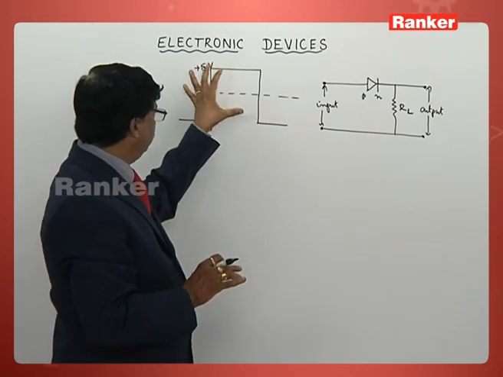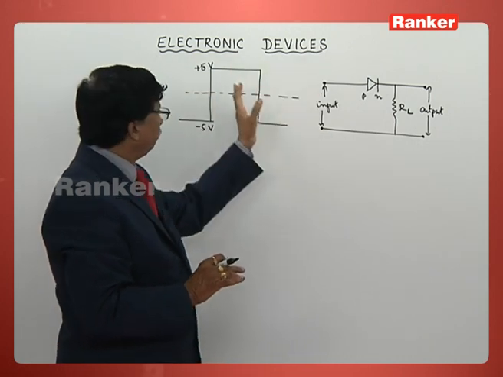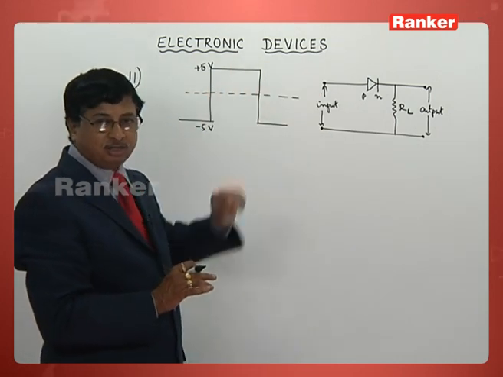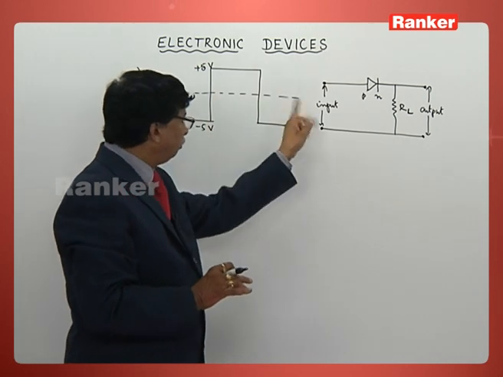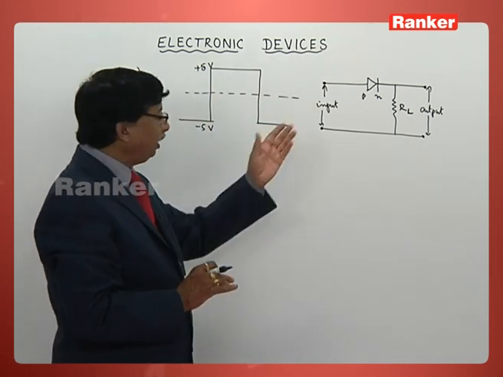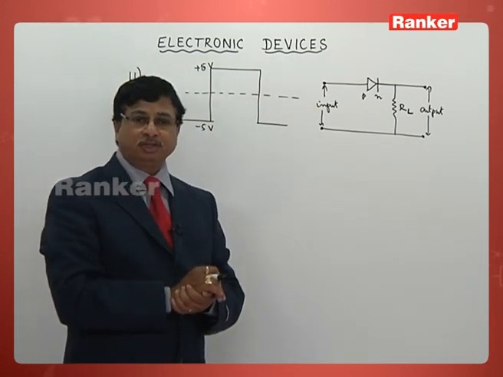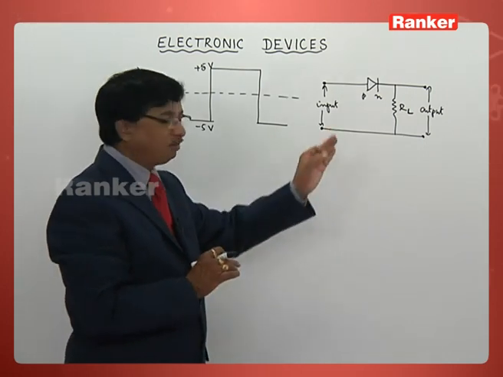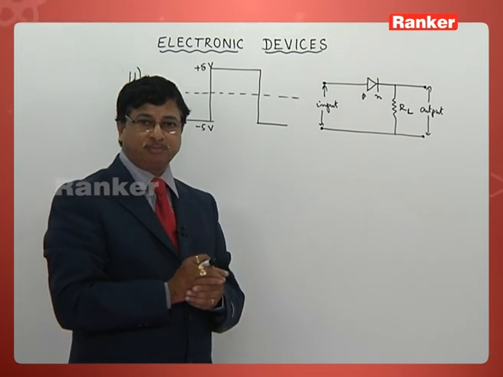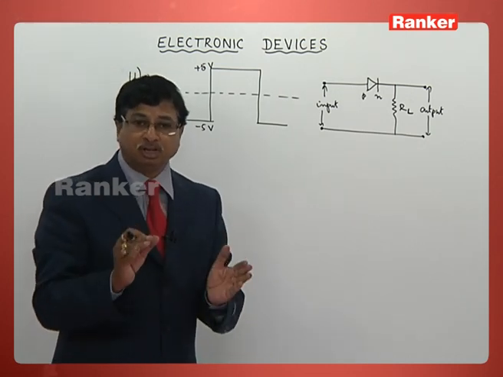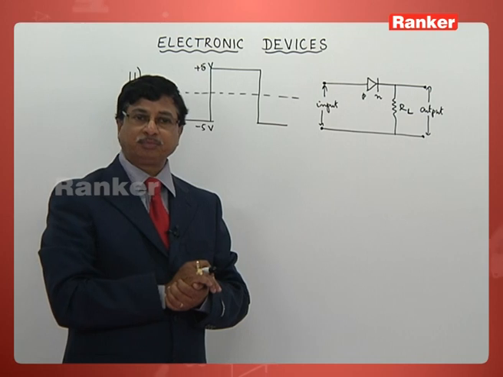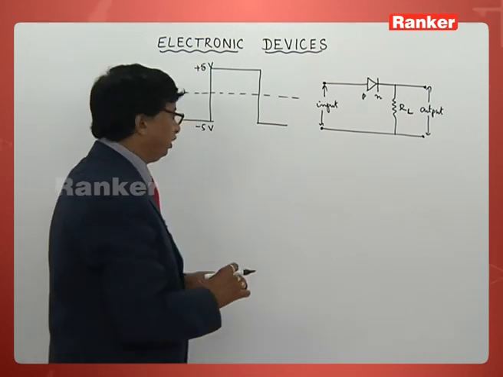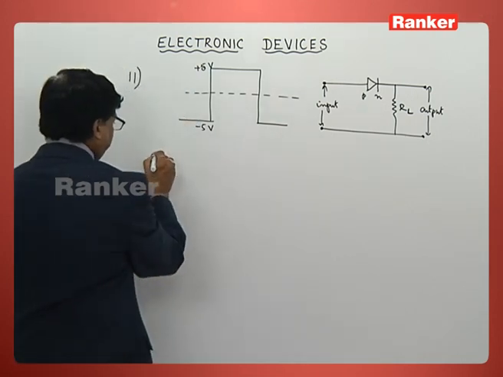This is the input signal, a square signal like that, given to the system, and what is his question there? The output signal across the load resistance is how much? What is the output signal? That is what he is asking. So, let us first of all check. He has given 4 options.